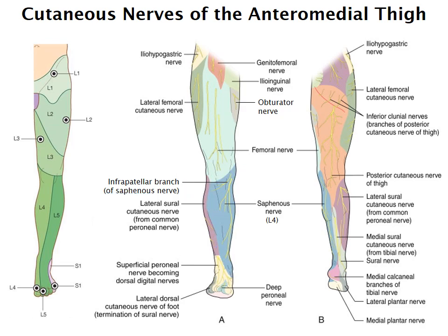The lateral femoral cutaneous nerve leaves the abdomen just medial or inferior to the ASIS, or anterior superior iliac spine, somewhere in this area, and supplies the skin on the lateral side of the thigh.